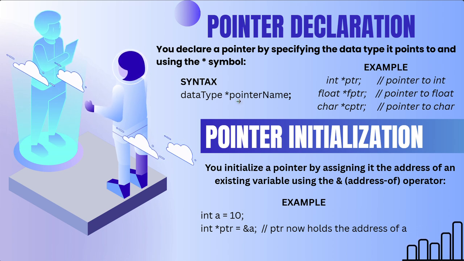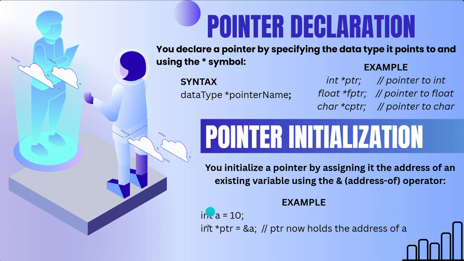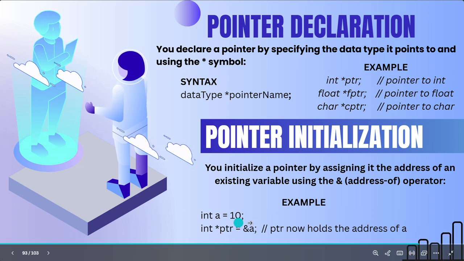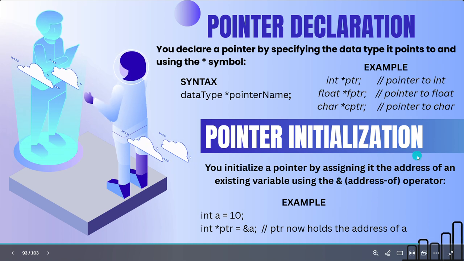Declare a pointer by specifying the data type it points to, and this is the syntax, and we understood it with an example. Pointer initialization. You initialize a pointer by assigning it the address of an existing variable using the address-of operator, and this is the example. int a equals 10, int star ptr equals address of a. Now ptr holds the address of a. Okay, moving on.